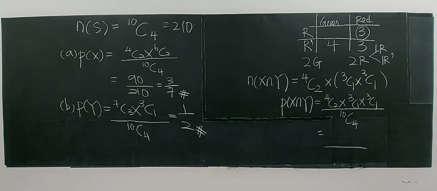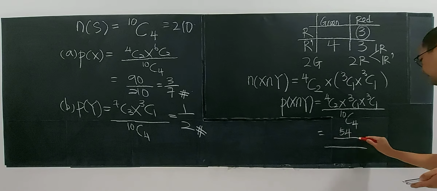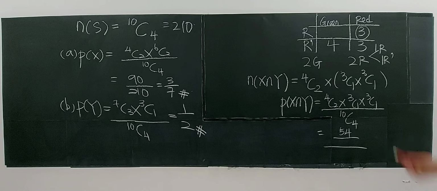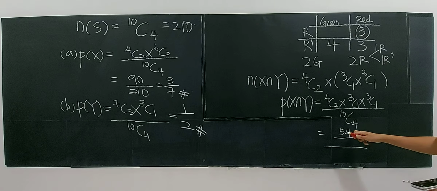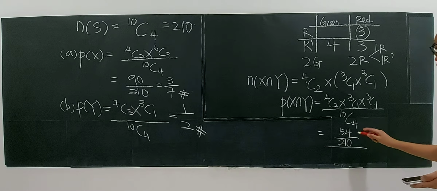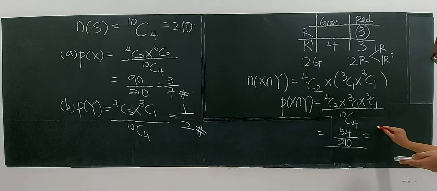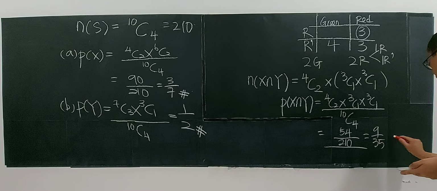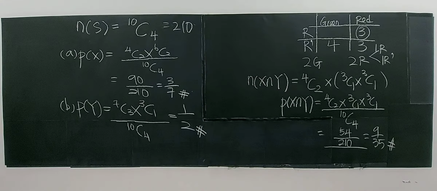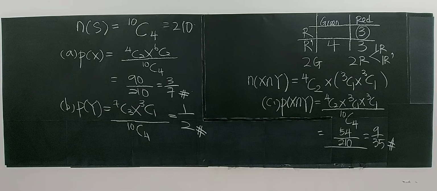So the probability is 54 divided by 210, which gives 9/35. That is your answer for the probability of X intersecting Y. So this is for part C. This is a very good question.